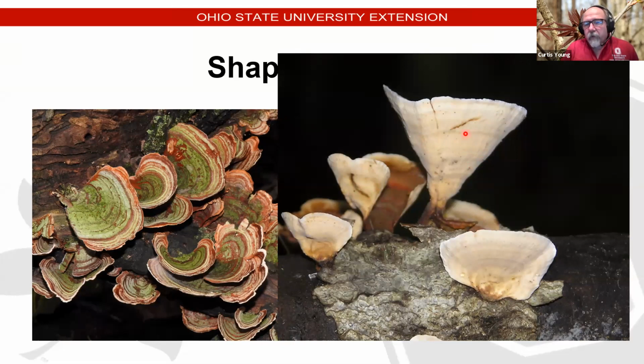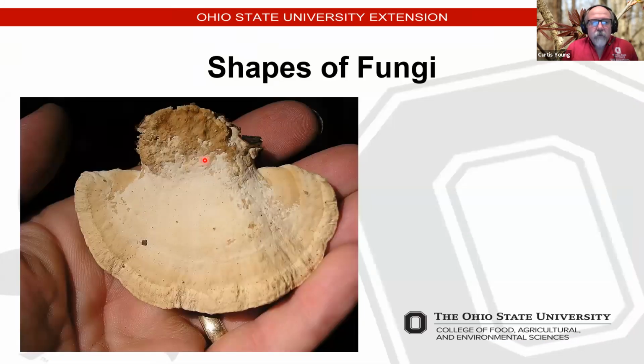Even with a magnifying glass, you're not going to see pores through which the spores are produced on this fungus. And so it's a very attractive fungus. It tends to be bigger in size than the true turkey tail, but it is easily confused with the true turkey tail.